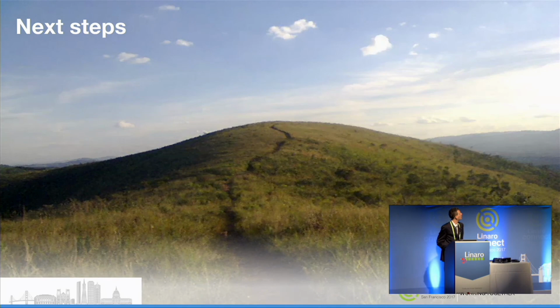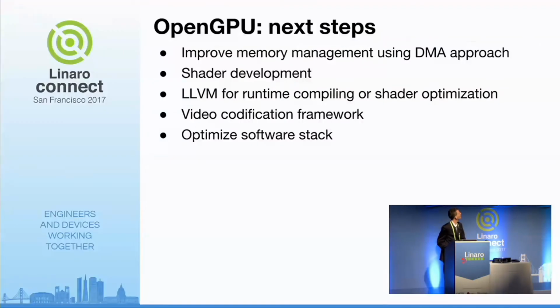And the next steps, I think it's important. Well, today we don't have a DMA approach. I was developing this some days ago, but it wasn't ready for show. Shader development, I think it's a good thing to follow now.